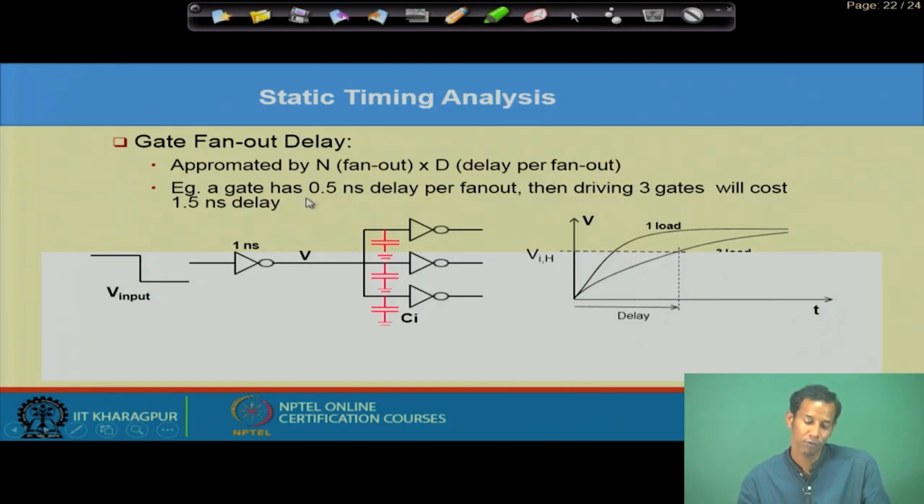As an example, if one gate has 0.5 nanosecond delay per fan out, then when it is driving 3 gates it will cost 1.5 nanoseconds of delay. This information will change depending on the library.